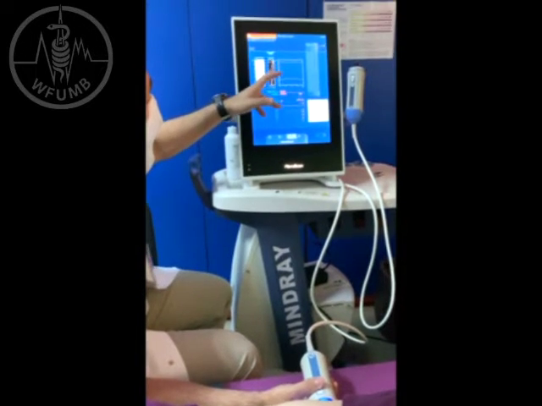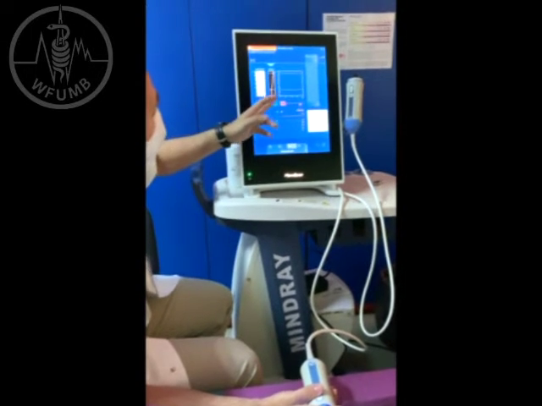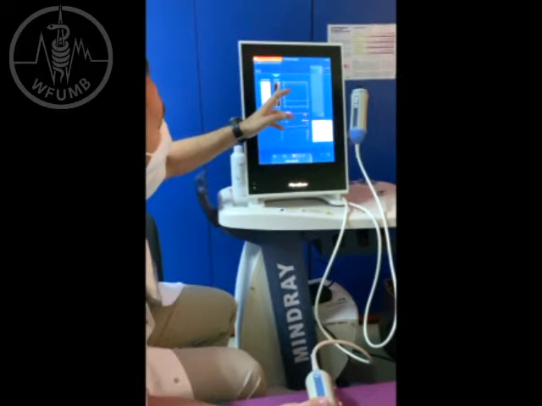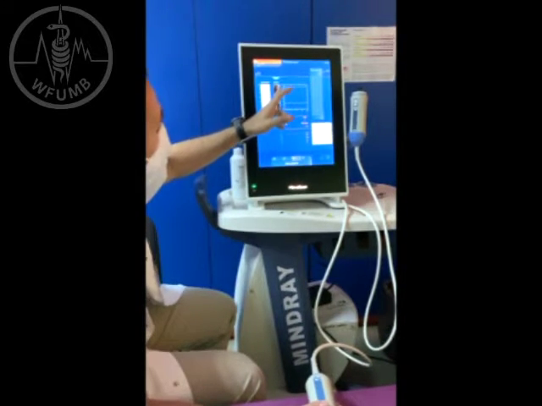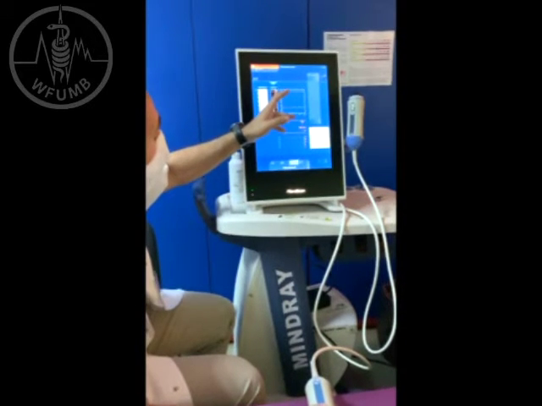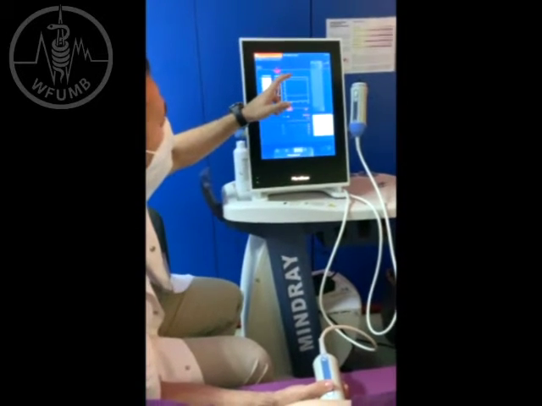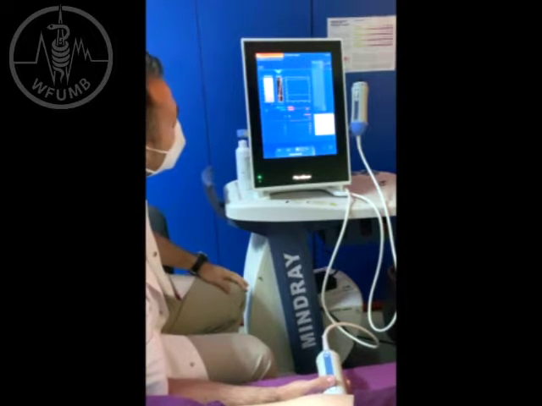Another guiding line is this segment where I'm pointing now. We have to have a linear diagonal line from the right side to the left side. This is a guideline for the probe pressure.